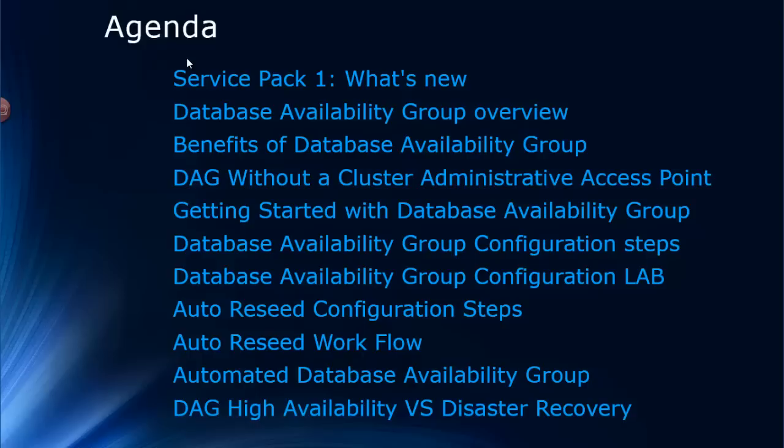And you'll be happy to see there's a DAG lab. We will use the Service Pack 1 DAG lab. We have AutoReseed and AutoReseed configuration steps next. Then AutoReseed workflow, automated database availability group, and DAG high availability versus disaster recovery. All right, let's begin.